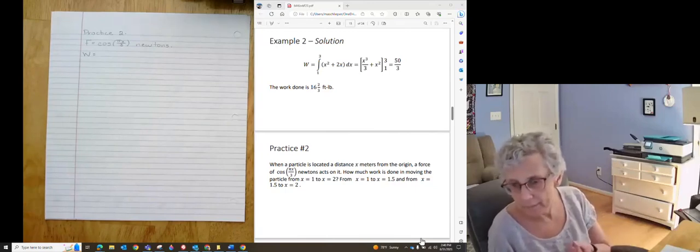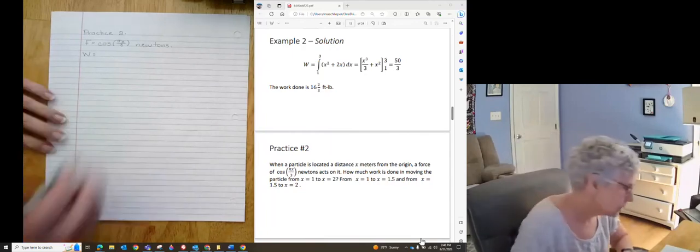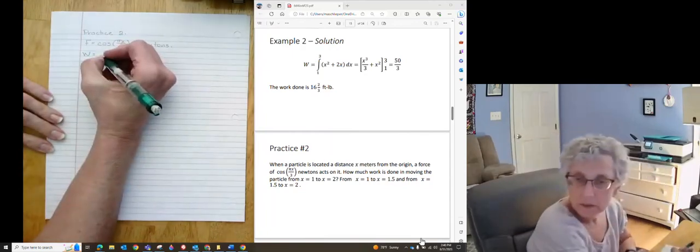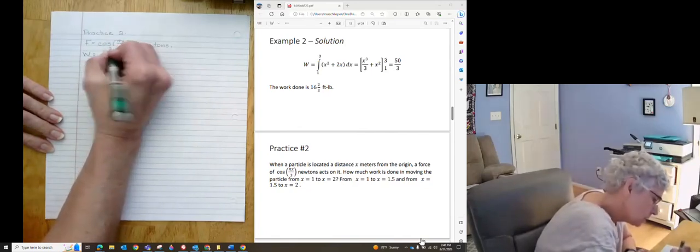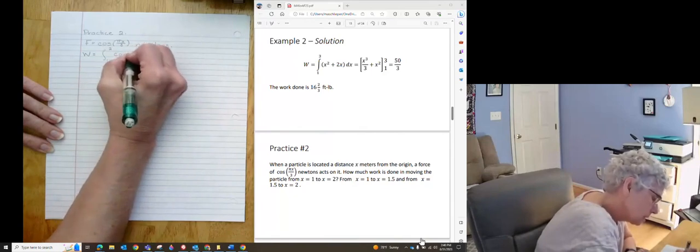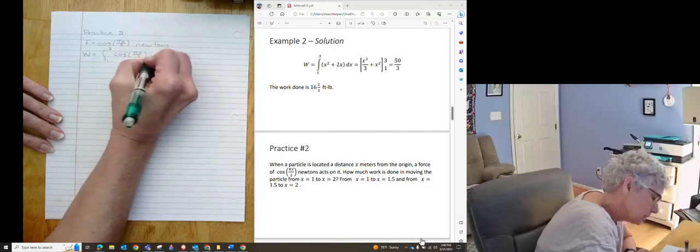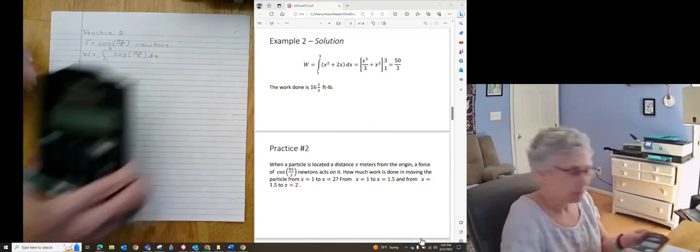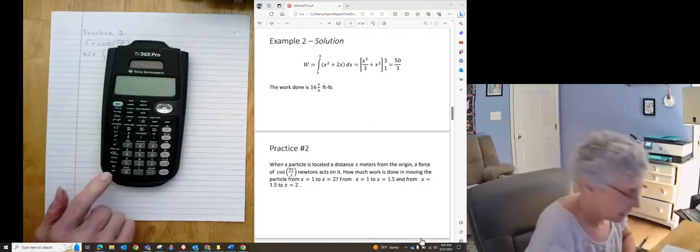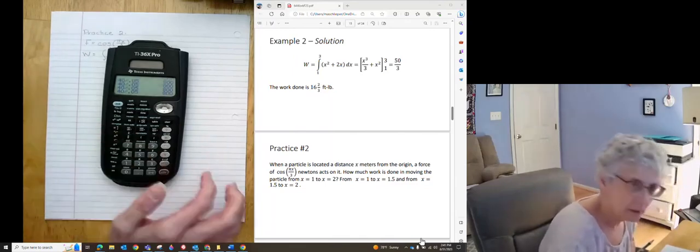We're assuming that x is given to us in meters. So work is going to be the integral for the first one there, from 1 to 2 of cosine of pi x over 3 dx. So I'm going to use my calculator for this.